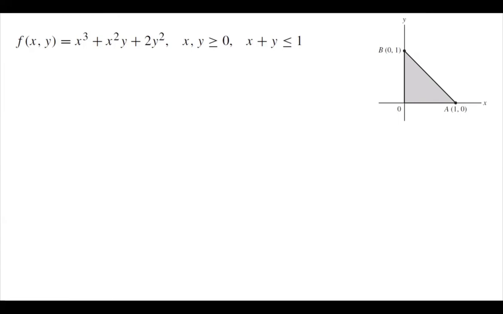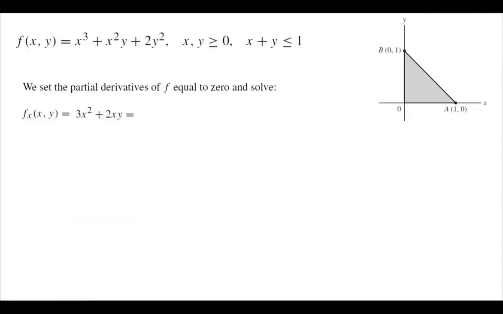Let us begin. First, we need to find the critical values by taking the partial derivative of the function. Partial derivative of f with respect to x is 3x squared plus 2xy, and assume y is constant. So that's why the derivative of 2y squared disappears.